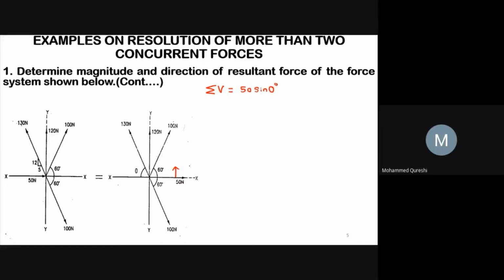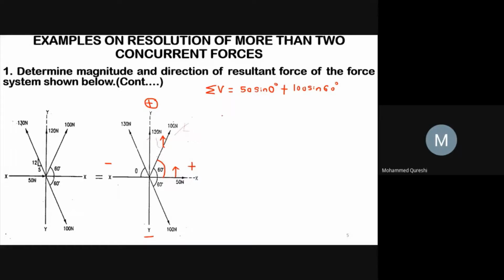It is going upward, means this value is plus, so plus 50 sine 0. Then we will go for another one, that is 100 Newton. So 100 sine, and your angle will always be with respect to x only, so 100 sine 60 degree, and it is going upward, hence this will also be positive. So positive 100 sine 60.